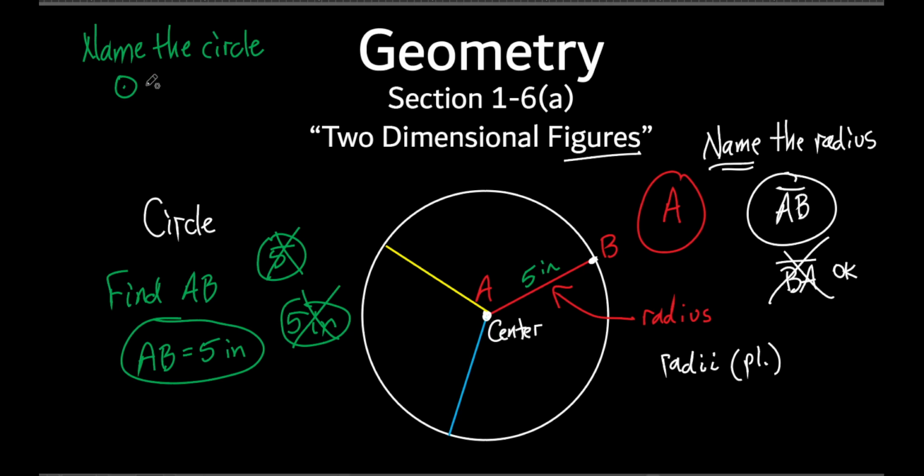So I would call this circle what? Circle A, and that's it. It's very simple. So if I asked you to name the circle and I gave you the picture, it would be circle A. So that little symbol right there, what does it mean? It means circle. If I said name the circle, that's what you would circle, like that. Okay?